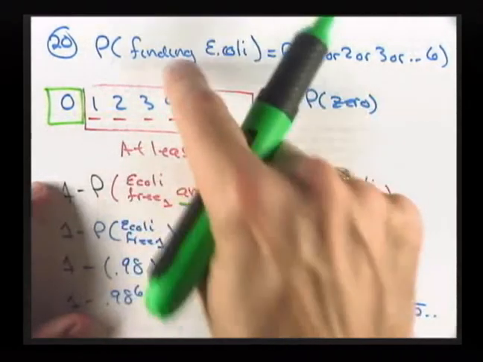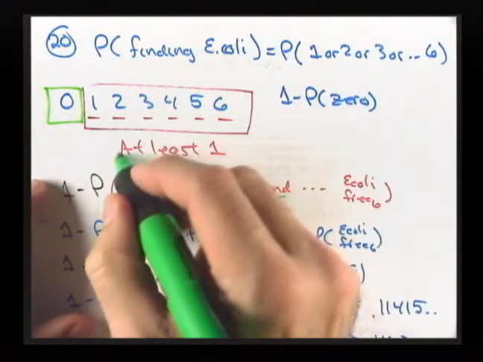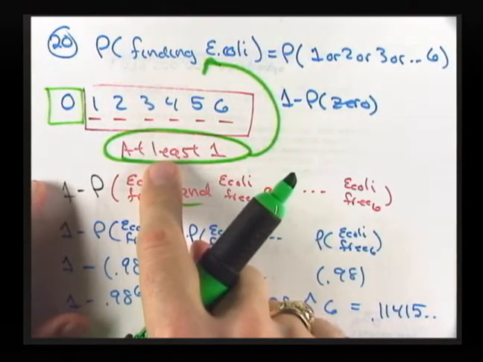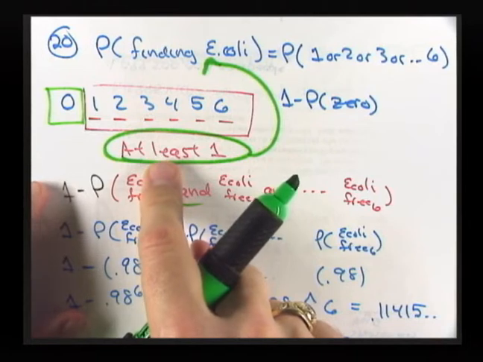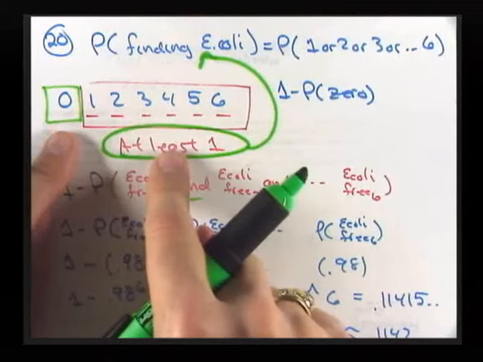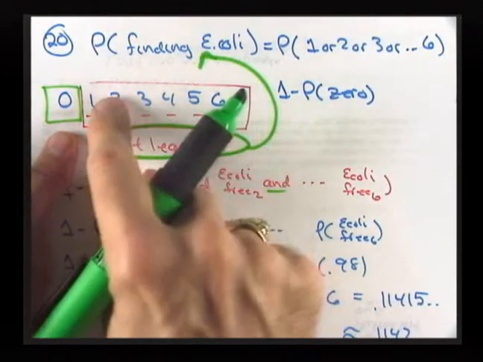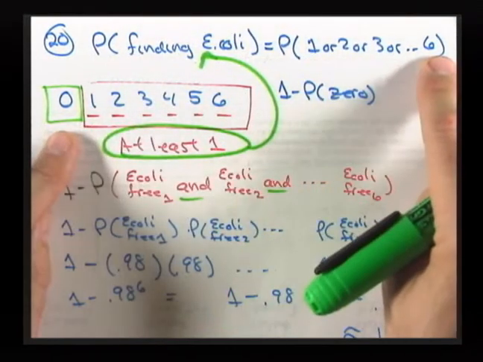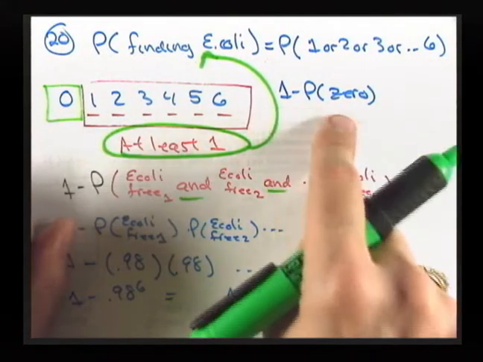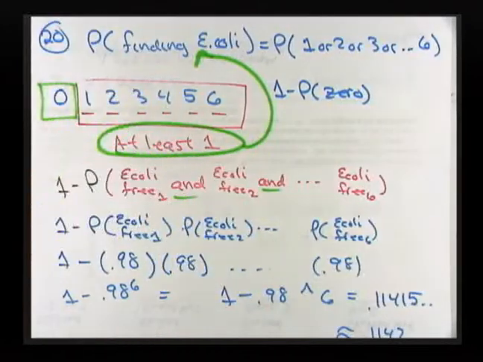Well, this probability of finding E. coli is the probability of at least one of the pools having E. coli. Now, the way you calculate this probability is up to you. You could calculate it directly, like this, or, like we did, we could use the complement. Do 1 minus the probability that none of them have E. coli.